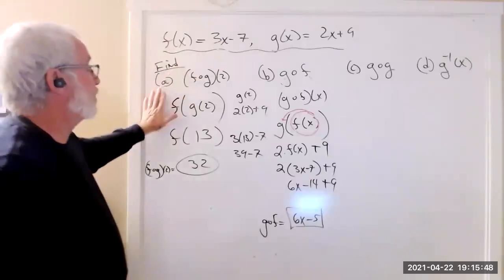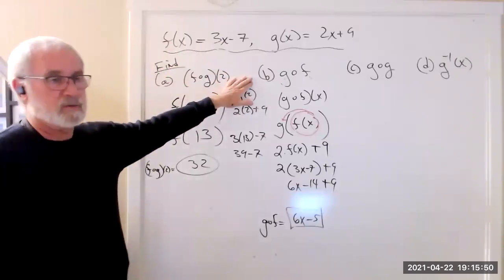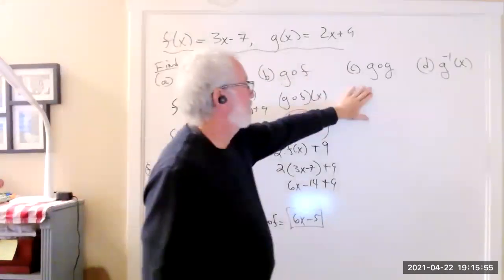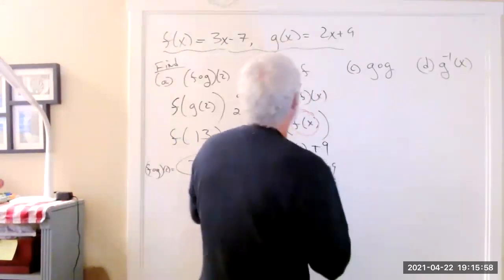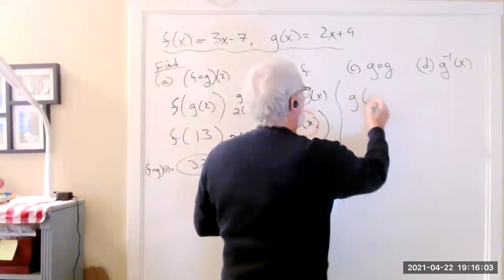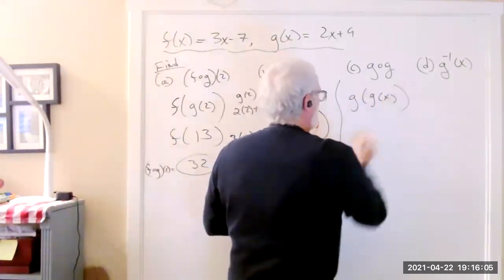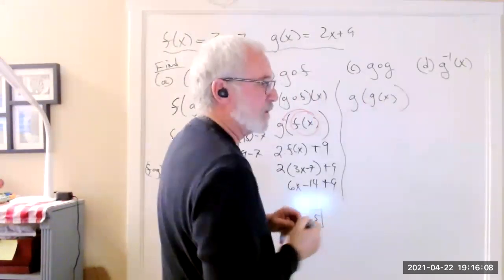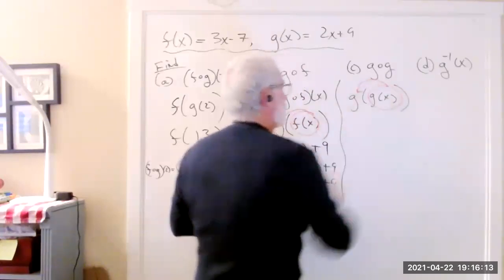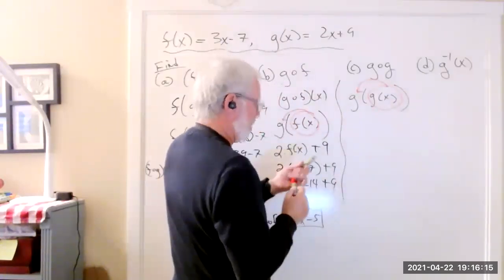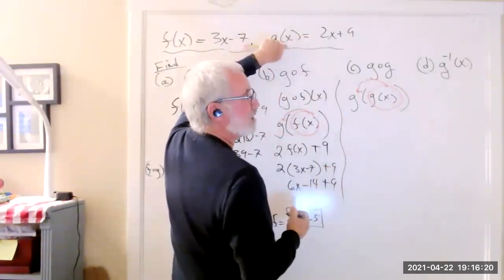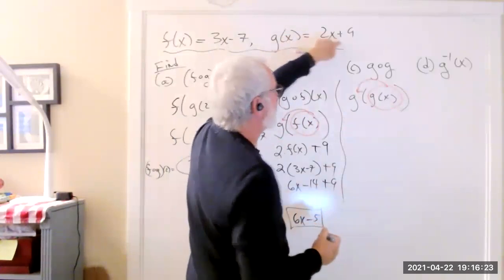All right, are we okay with part A and part B, everybody? Now, remember the X is implied. So part C is G of G of X. We're sticking the G into the G. Well, what does G say? G says, whatever you give me, I'm going to times it by 2 and add 9.